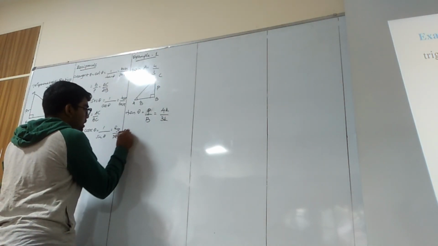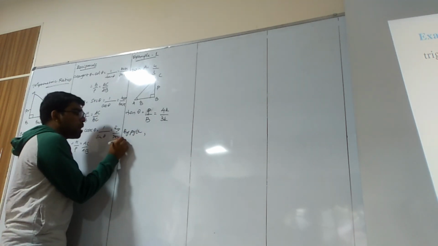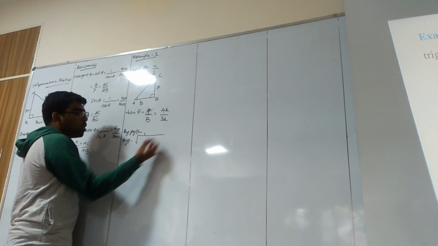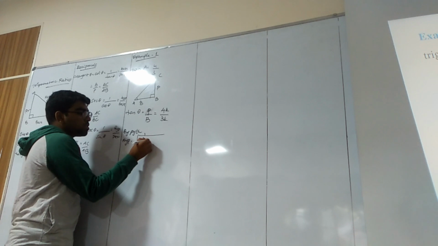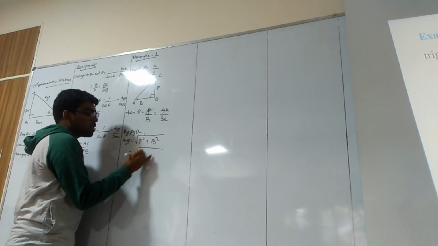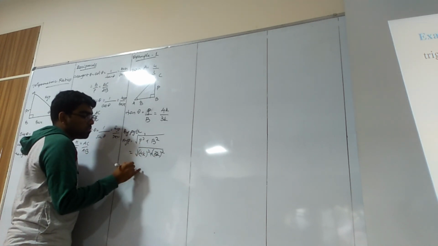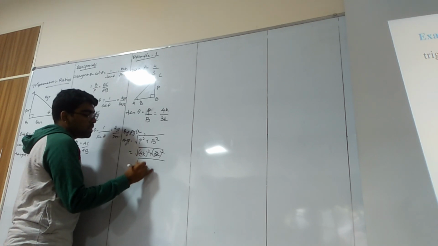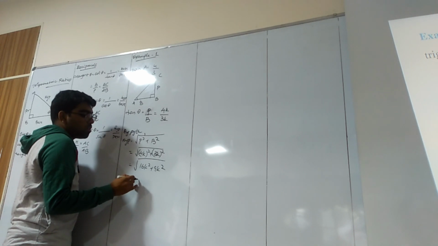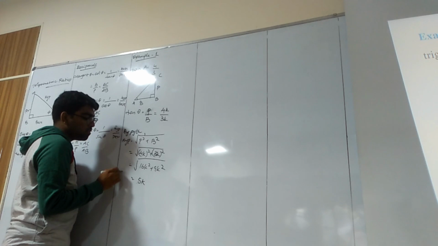By Pythagoras theorem, hypotenuse is equal to root of perpendicular square plus base square, 4k square plus 3k the whole square, 16k square plus 9k square. So what will it be? 5k.